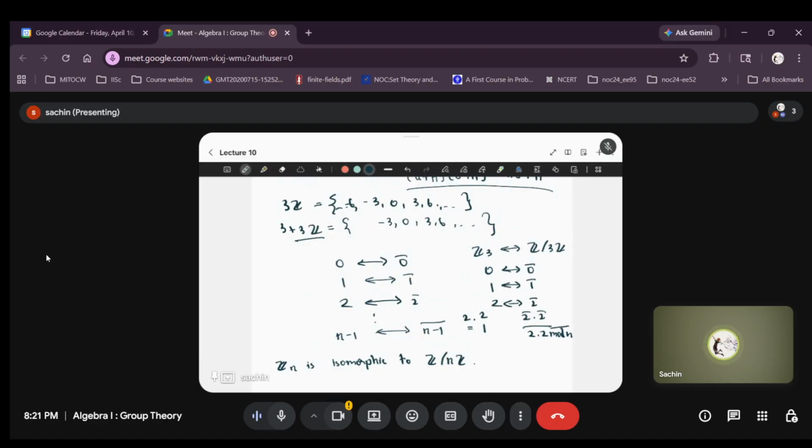So what is 2 times 2 mod 3? It would be mapped to 1 bar. So even though they contain different elements, here a set of numbers, here a set of equivalence classes, the operations are defined in such a way that multiplication in Zn and multiplication in Z mod n are identical.